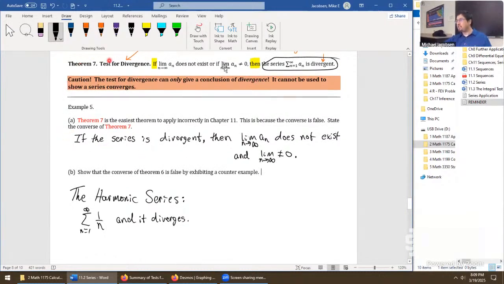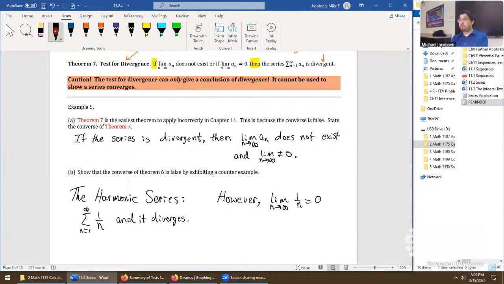So the converse of this theorem, if we write out the conclusion going backwards, would say divergence means a limit does not exist and it's not zero at the same time. But we know that's not the case. We can say next, however, limit as n goes to infinity of 1 over n, we know that to be 0.